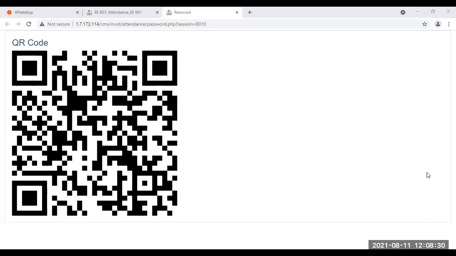The QR code is visible, na? QR code is visible. Hello.